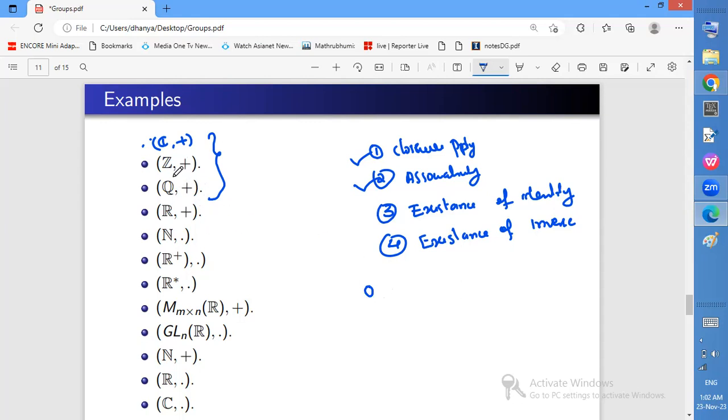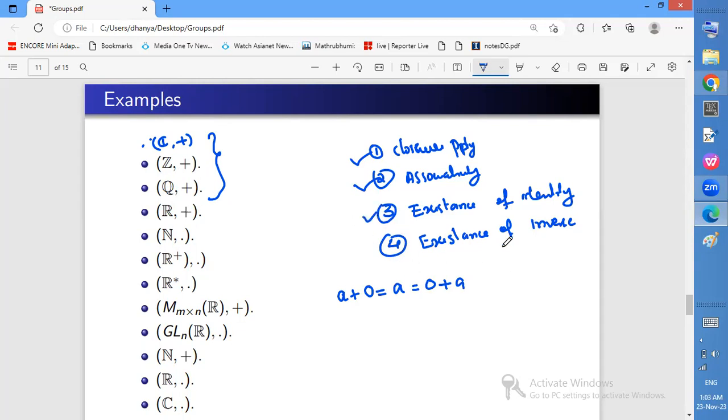The 0 belongs to Z, Q, R as well as C. And it satisfies the condition that for any element A, A plus 0 is equal to A is equal to 0 plus A. So 0 is the identity element for the operation addition in all of these sets.